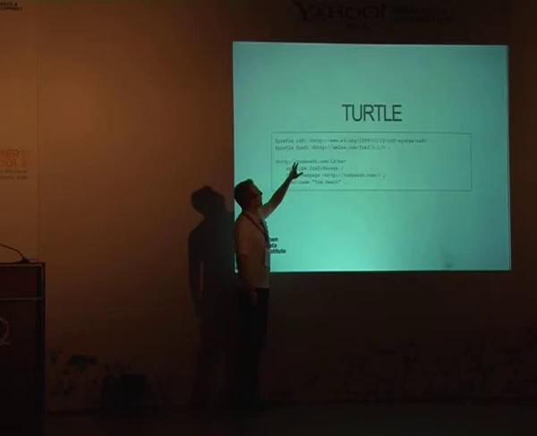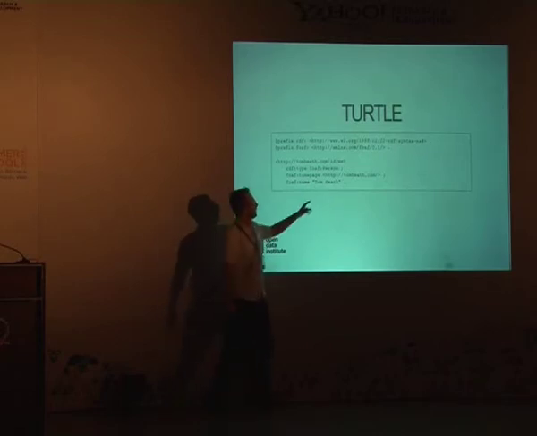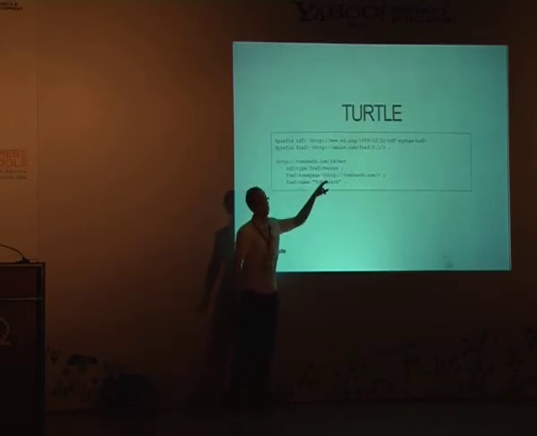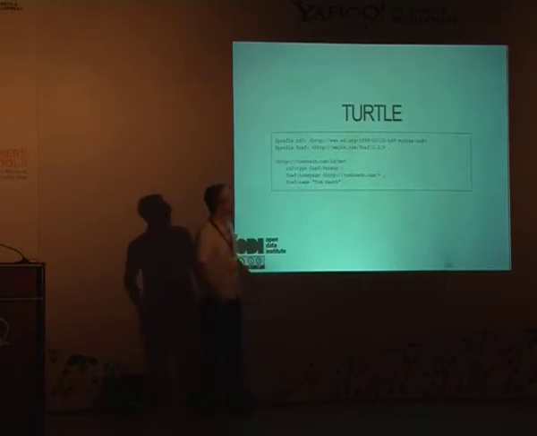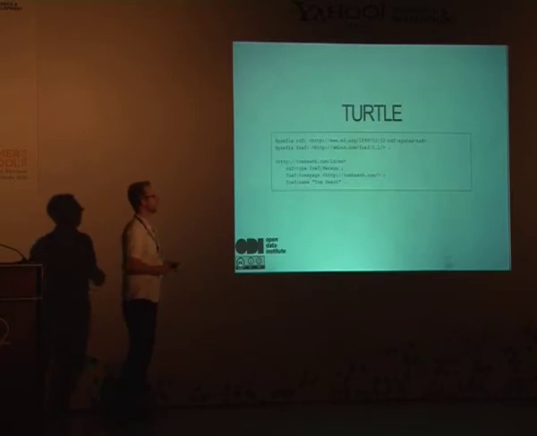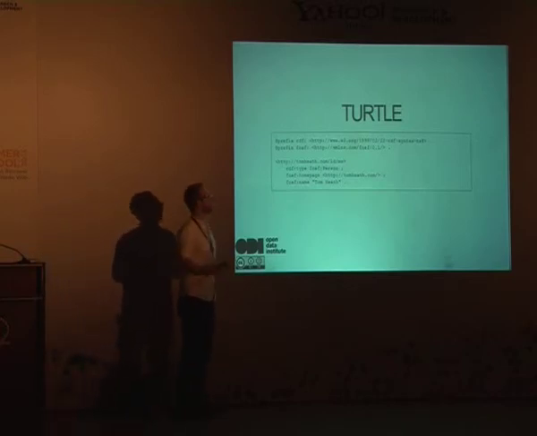The subject of all of them is this, and then these are the predicates, and these are the objects. Again, it's using the same kind of notation that I was using before, where literals are in quotes, and resources, things which should be followed, are in angle brackets. Turtle basically introduces some abbreviation mechanisms to make the data less verbose and more readable.